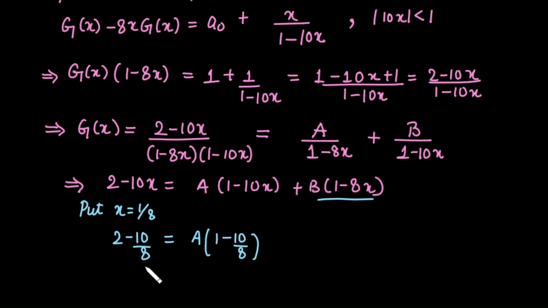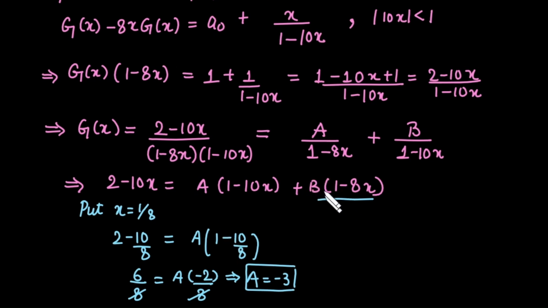So from here we can directly find the value of A. This is equal to 6 by 8 is equal to A times of minus 2 by 8. This 8 gets cancelled with this one. So here we are getting the value of A is equal to minus 3.